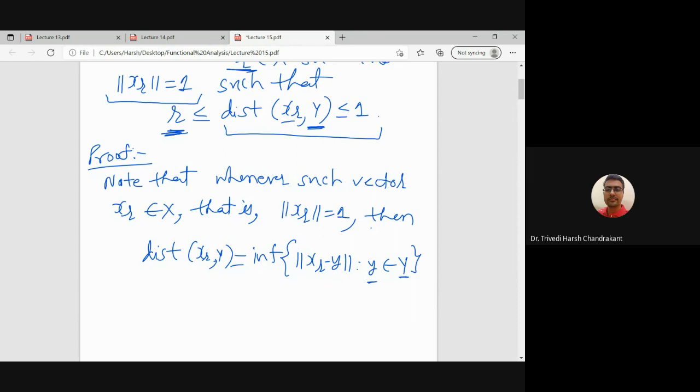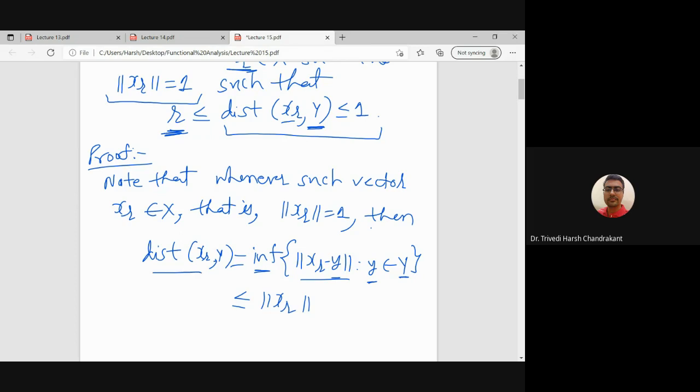So when we substitute this 0, this is the infimum, so it is less than or equals to all elements of this set. In particular, when we substitute y equals to 0, the corresponding element is xr minus 0, that is norm of xr.